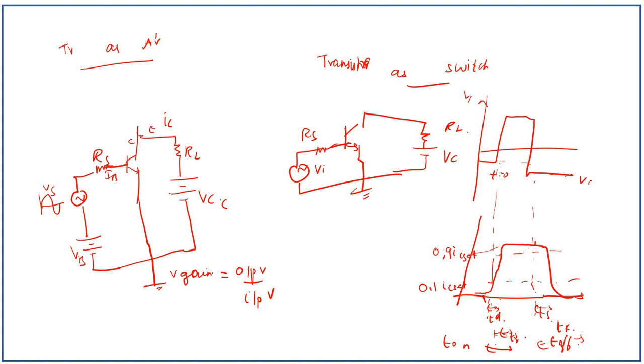And then we have the H parameter model for the transistor. We know the transistor works as an amplifier. The input voltage is Vi, the output voltage is V0, the input current is Ii and the output current is I0.